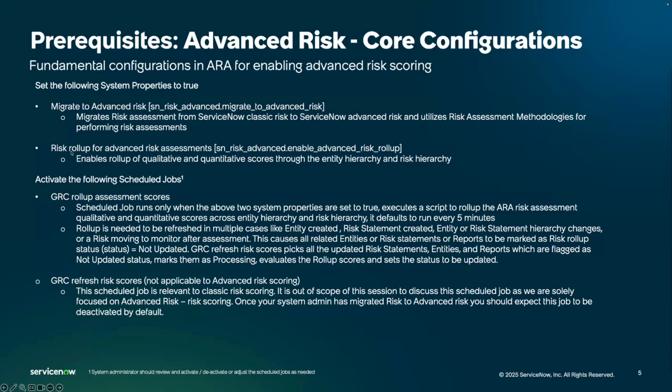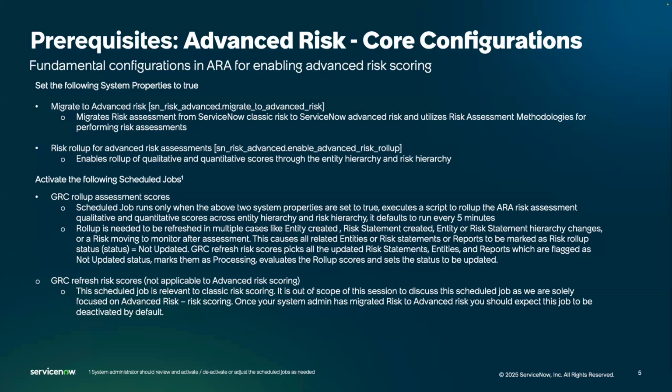Risk roll up for advanced risk assessments enables aggregation of scores across entity and risk hierarchies. Without it, you can score individual risks but won't get consolidated views. Scheduled jobs. GRC roll-up assessment scores runs only when both properties are true.